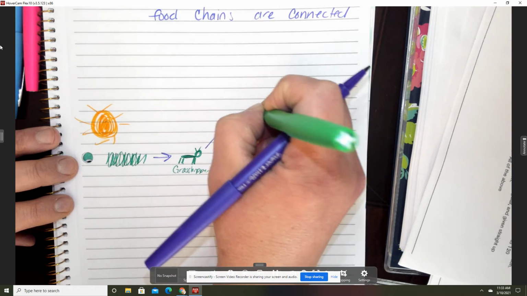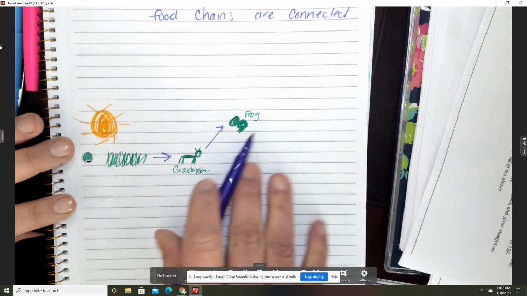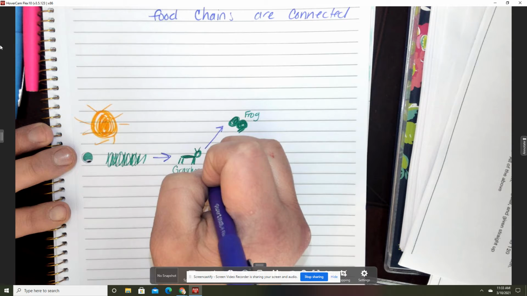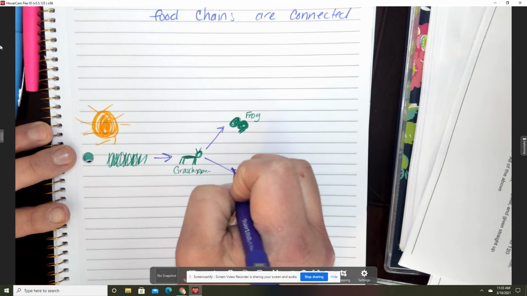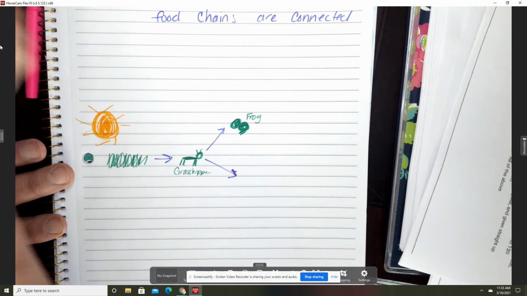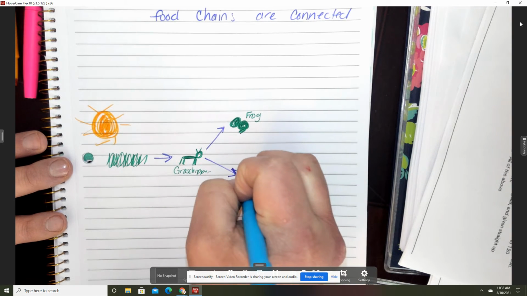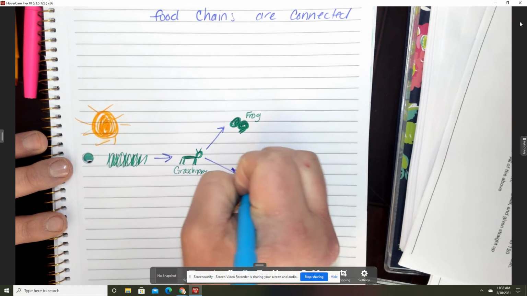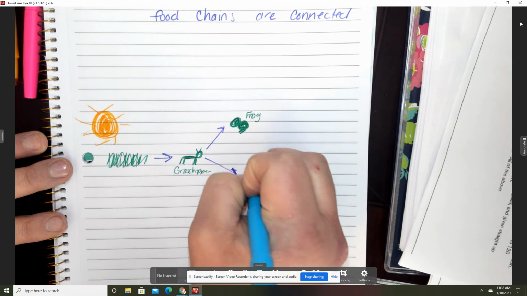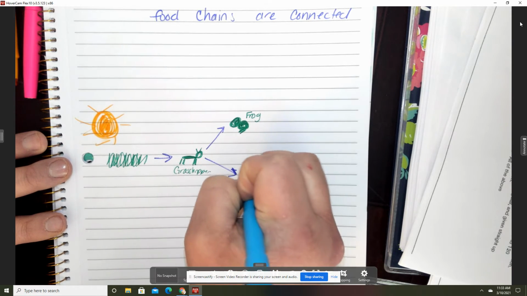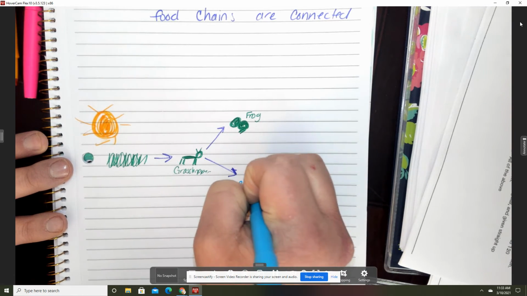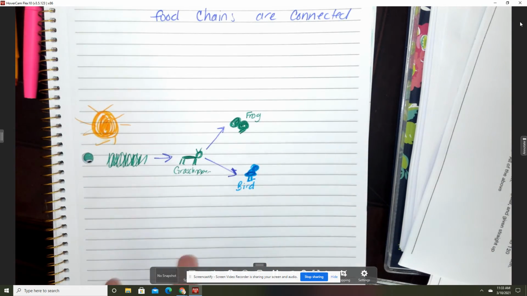That does not look like a frog. Okay, so he can maybe get eaten by a frog or, again, get eaten by a bird. I'm not sure what that was, but... Okay, so it can get eaten by either.